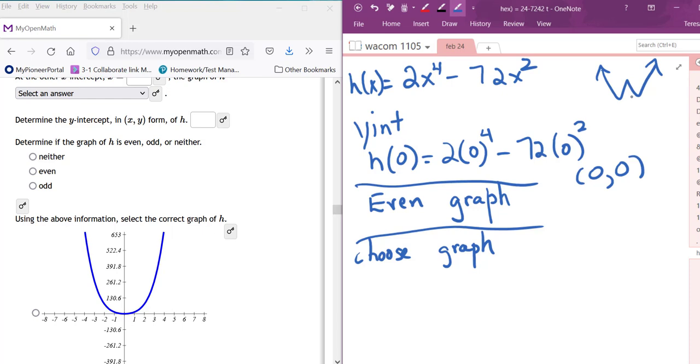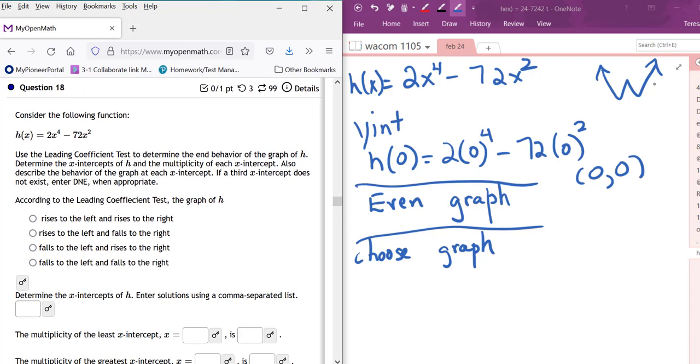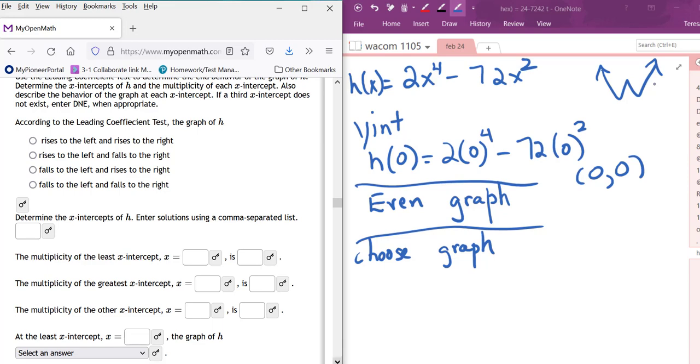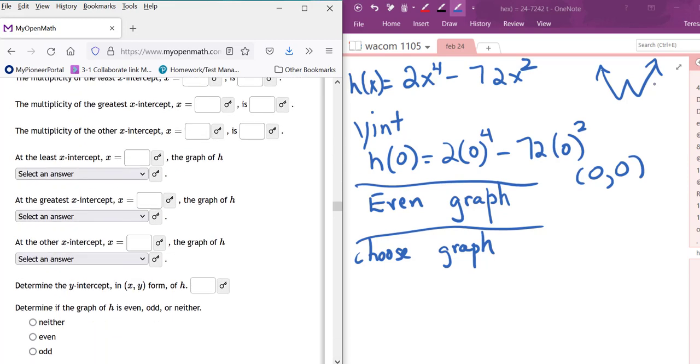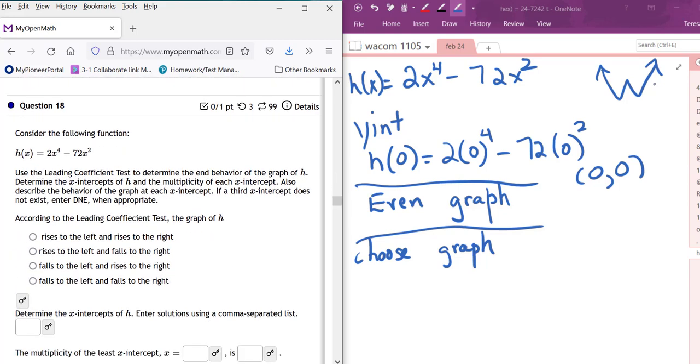Actually, it's not going to be. It's a possibility because of the way it looks, but it doesn't have the zeros. Our zeros were 0. Let me put our zeros on here. Our zeros were 0, 6, and -6.